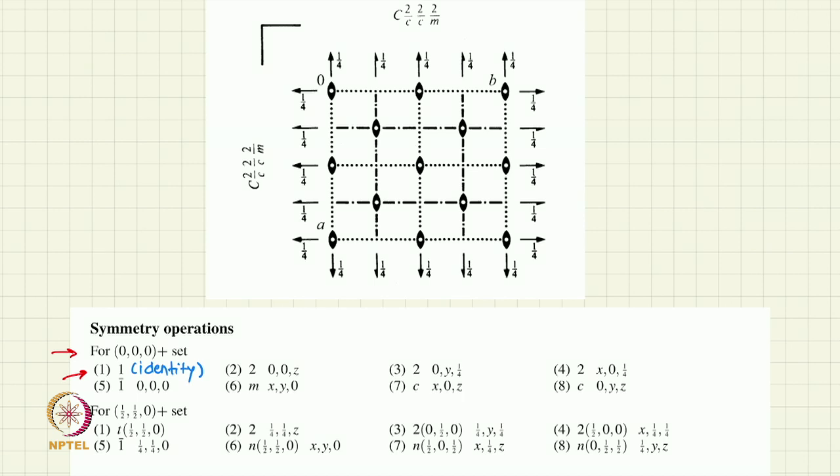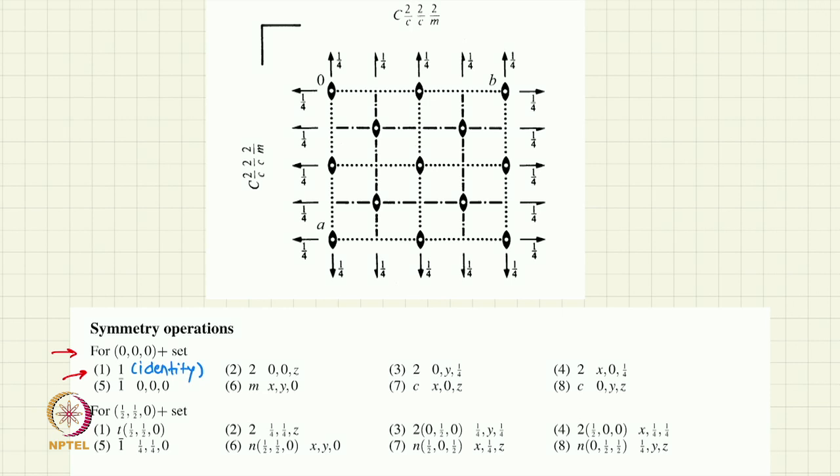That is the requirement of the group property. Every group has to have identity as one of its symmetry operations. So, our space group also has this identity. Of course, identity cannot be represented by any geometric symmetry element, so it is not there in the diagram; we just have to assume its presence and know that it exists. So, 1 is the identity.